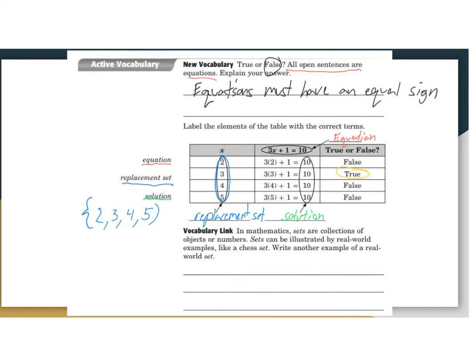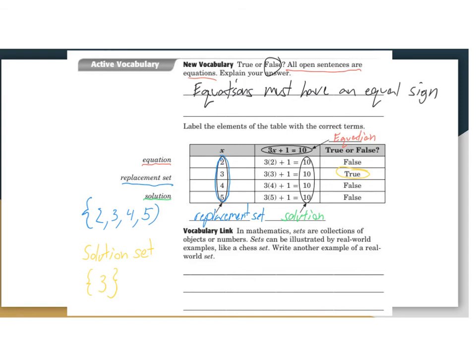So our solution set is all of the values from our replacement set that make the equation true. So in this case, 3 is our solution set.